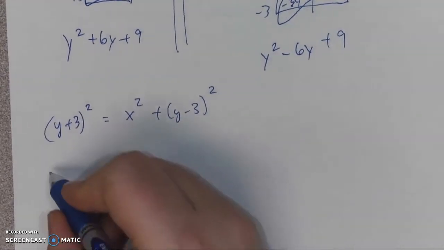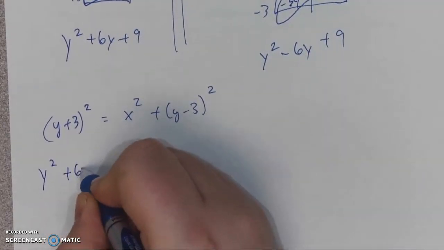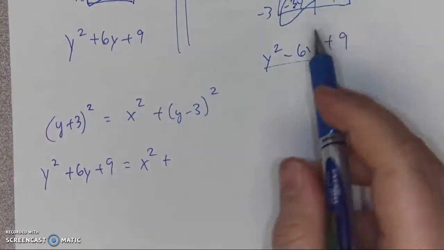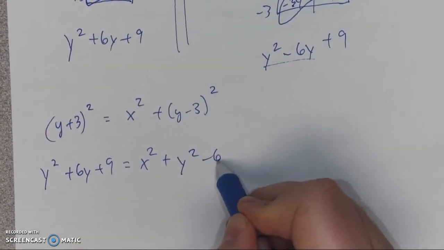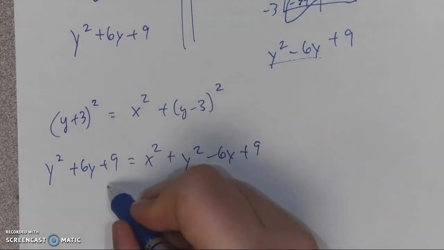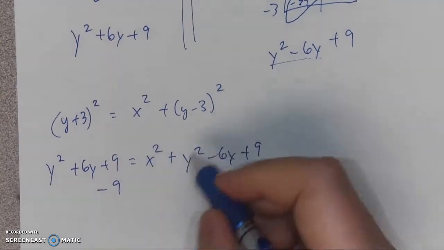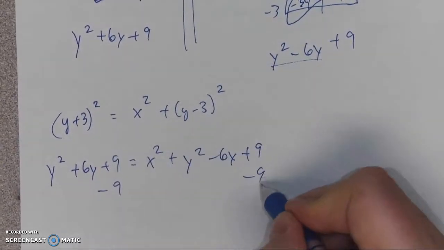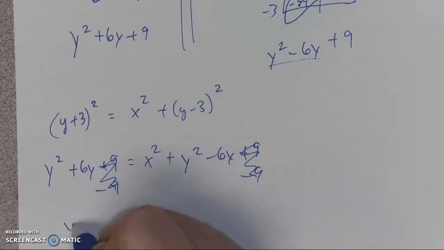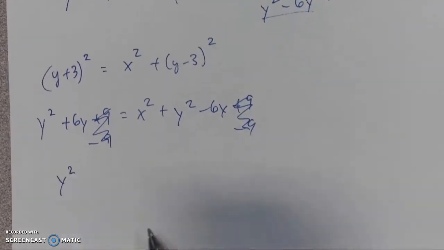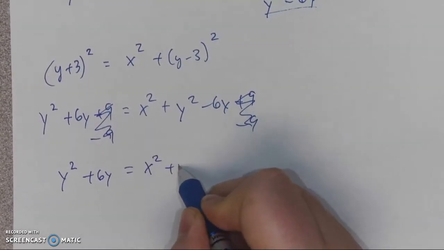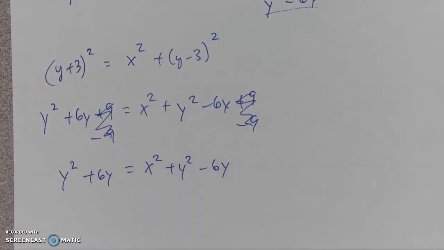So y plus 3 squared we said was y squared plus 6y plus 9, and that equals x squared plus y squared minus 6y plus 9. To start solving for y, we subtract 9 from both sides. Those 9s go away. So this is y squared plus 6y equals x squared plus y squared minus 6y.